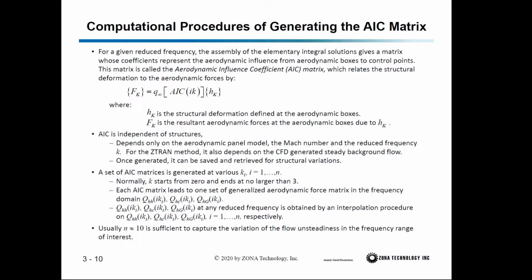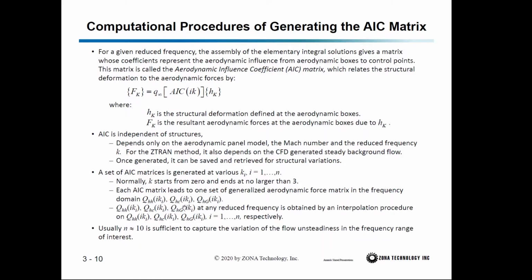To solve the AIC, we need a set of AICs at various reduced frequencies, and the number of reduced frequencies is usually less than 10. Usually n equal to 10 is sufficient to capture the variation of the flow unsteadiness in the frequency range of interest.